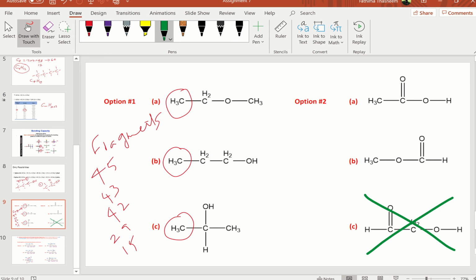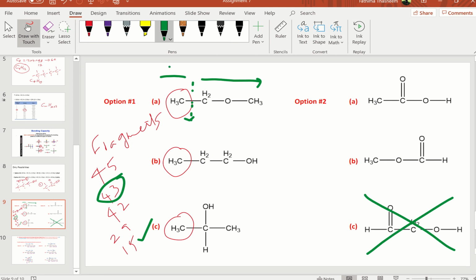Next, all the other structures give 15, so we have the structure. Now we know that there's a base peak at 43, so that is the most stable or most probable fragment. So the structure that you choose should give rise to 43. Next, let's see the option 1B. If I break the bond here, I get two fragments, the left side and the right side.